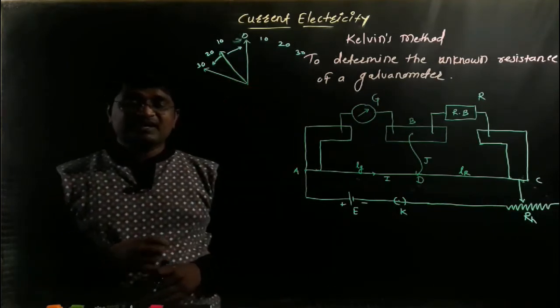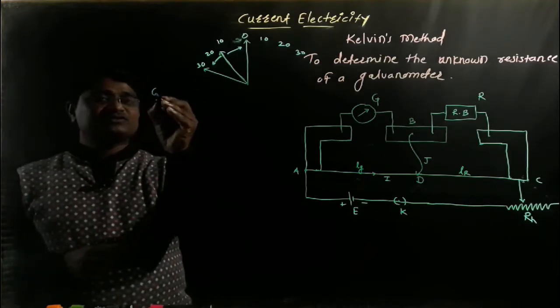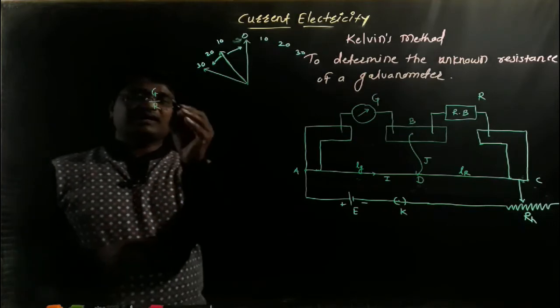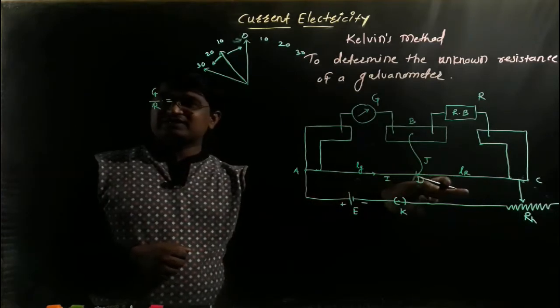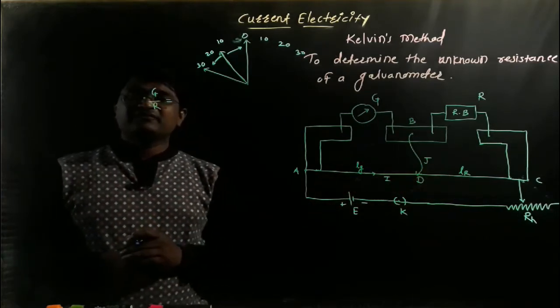This is the known resistance. The remaining resistance, of the galvanometer, we can measure easily by using the balancing condition of the network. The balancing condition is denoted by G upon R, equal to the 3rd resistance divided by the 4th resistance. So this is LG. What is LG?